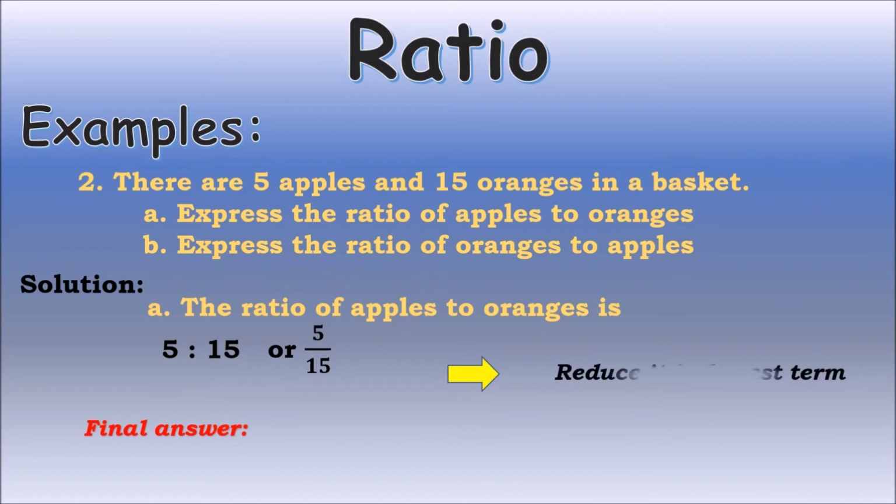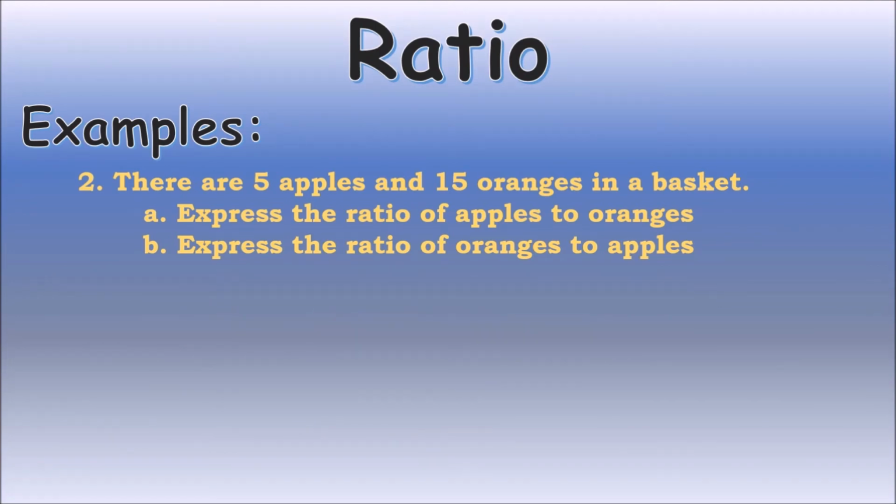To reduce it, divide both the numerator and the denominator by the GCF, or the greatest common factor. The greatest common factor of 5 and 15 is 5. The numerator, 5 divided by 5, is 1. And the denominator, 15 divided by 5, is 3. Therefore, the ratio of apples to oranges is 1 is to 3, or 1/3.